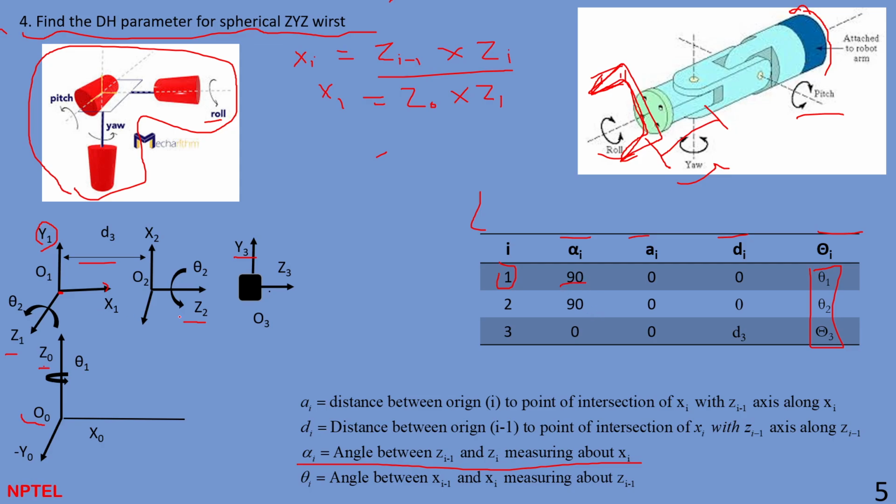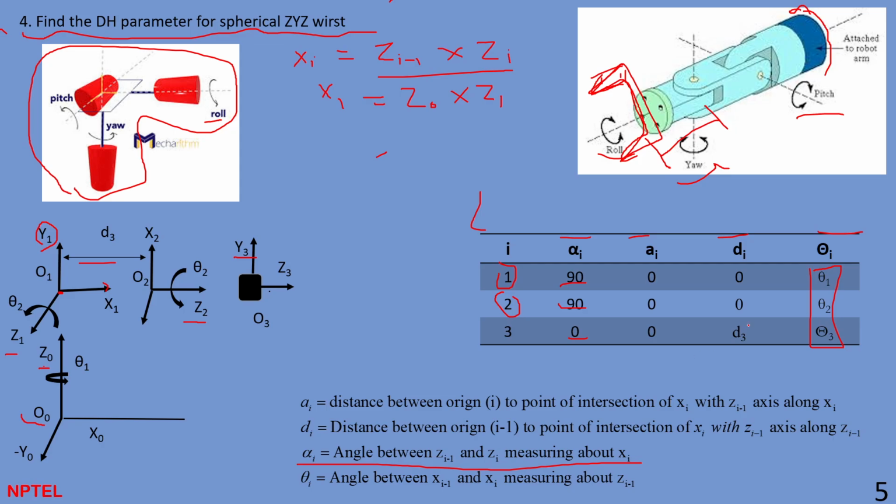Similarly, for frame 2, alpha2 will be 90 degrees again, because you are calculating along x2 between z1 and z2, and there is again a difference of 90 degrees. For z2 and z3 there is no difference.